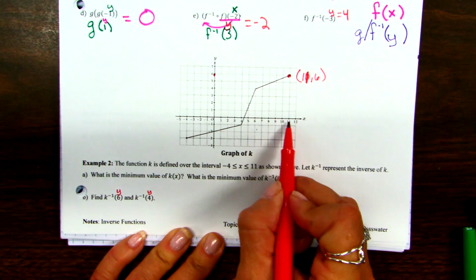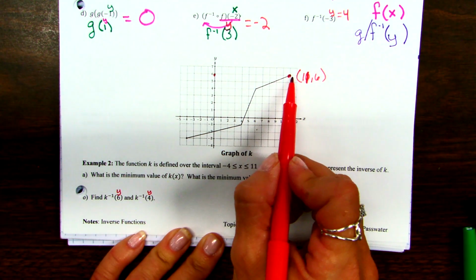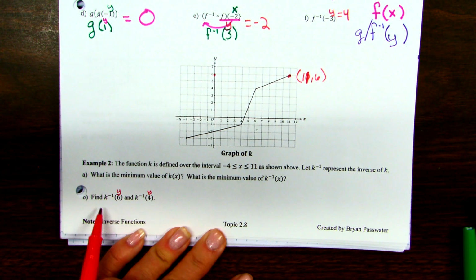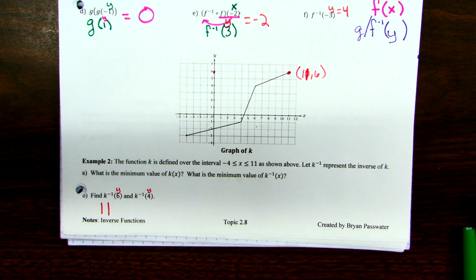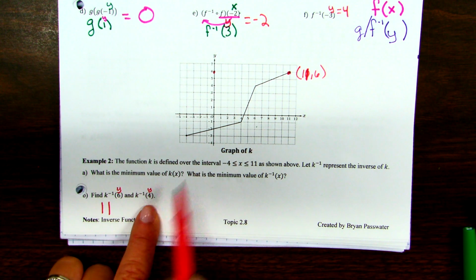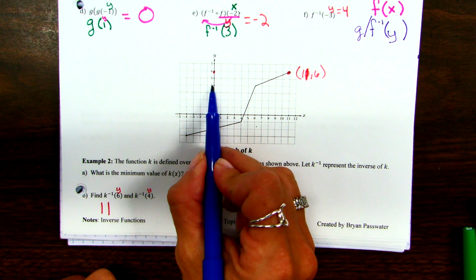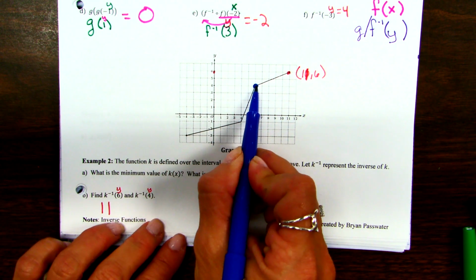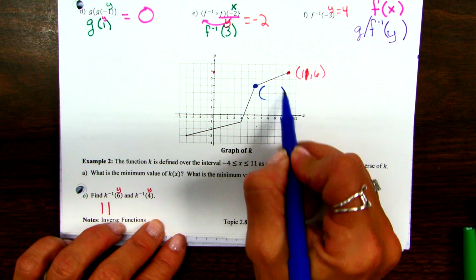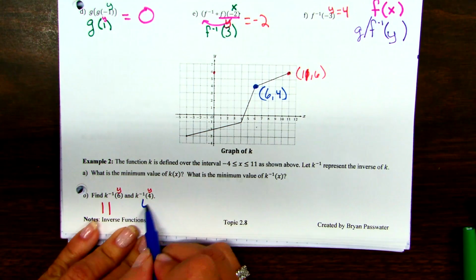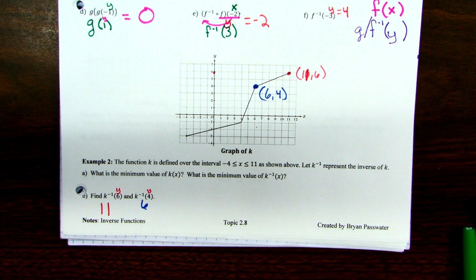Sorry, 11, 6, right? That's that point. So what is the x value when y is 6? 11. Y is 4 right here. Look left, look right, find a point that contains 4 as its y value. That would be 6, 4. Okay? Do we get that?